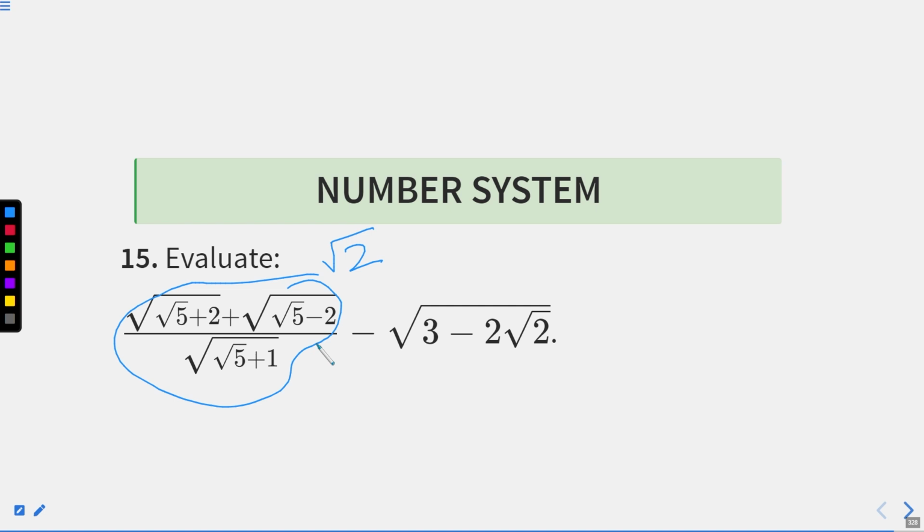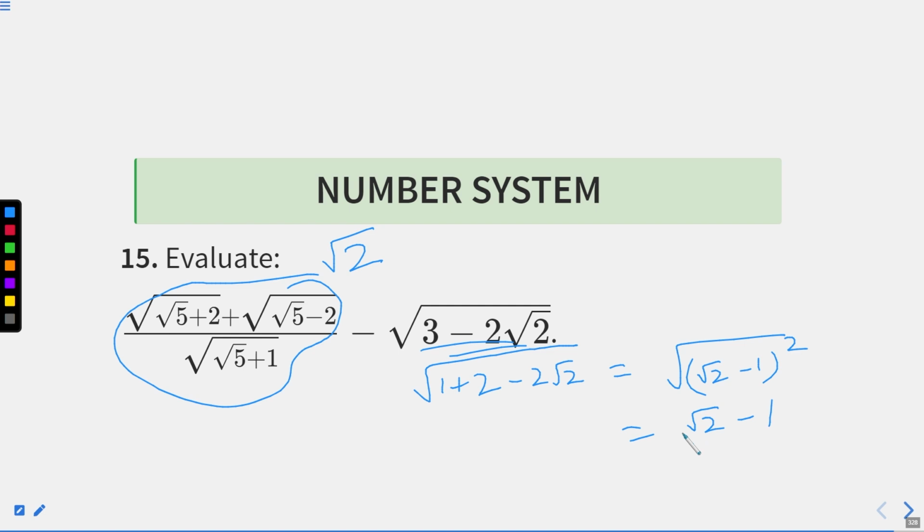Now if you see this, I can write it as 1 plus 2 minus 2 root 2, which is equal to root 2 minus 1 whole square, and from this I can write it as root 2 minus 1.